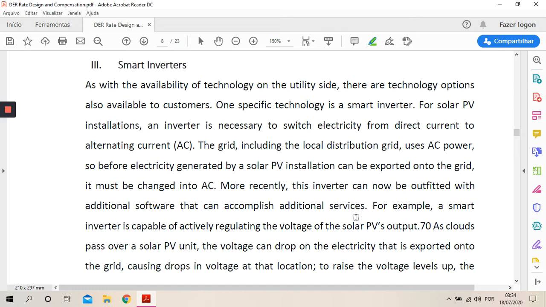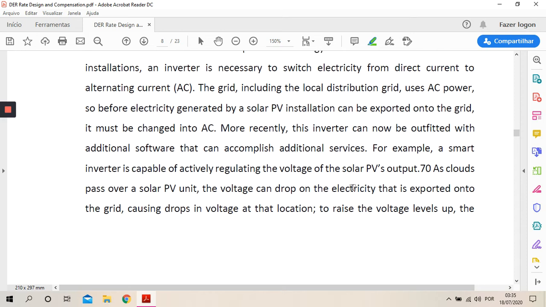The grid, including the local distribution grid, uses AC power, so before electricity generated via a solar PV installation can be exported onto the grid, it must be changed into AC. So this is what an inverter does. It converts DC into AC.